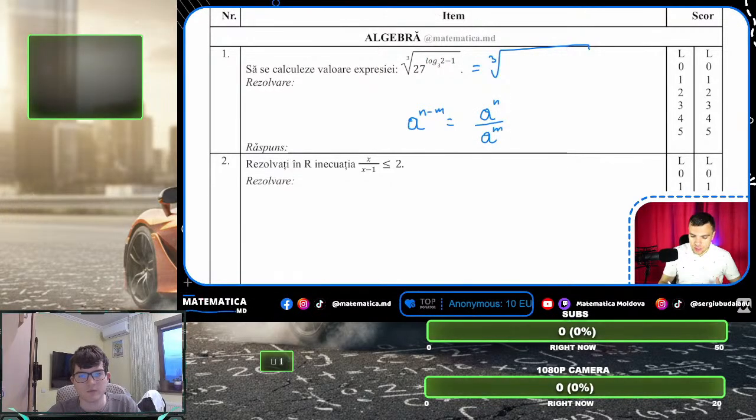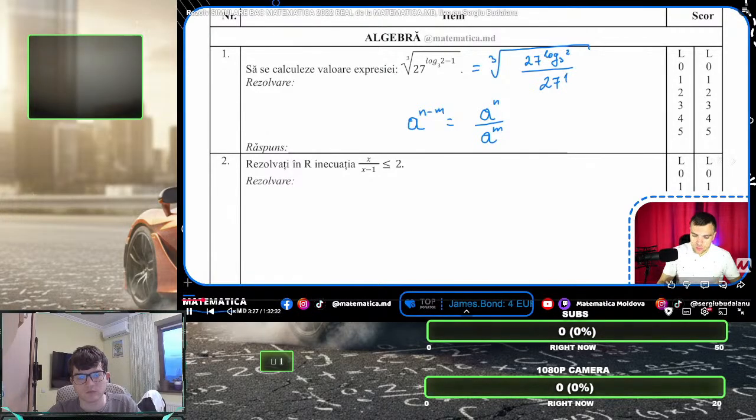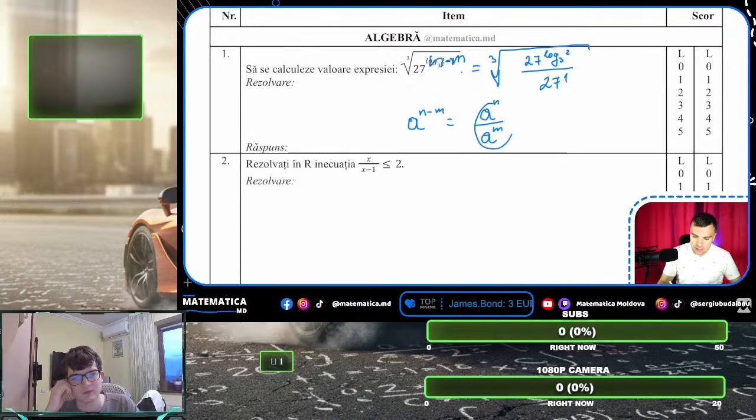And minus m. So we do this, huh? 27 right there. What? What the fuck is this formula, man?